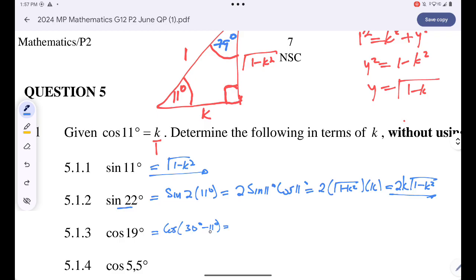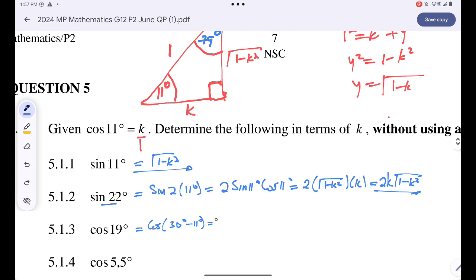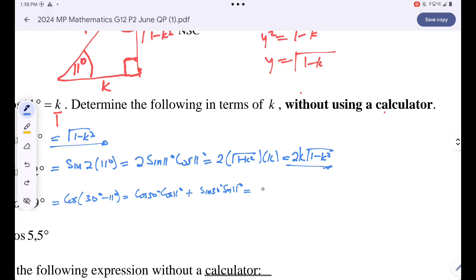Therefore I can simply expand my compound angle. I'll have cos 30 degrees multiplied by the cos of 11 degrees plus sine 30 degrees multiplied by the sine of 11 degrees. Cos 30 is just root 3 over 2, cos 11 is just k, plus sine 30 is a half, and then sine 11 is just the square root of 1 minus k squared.